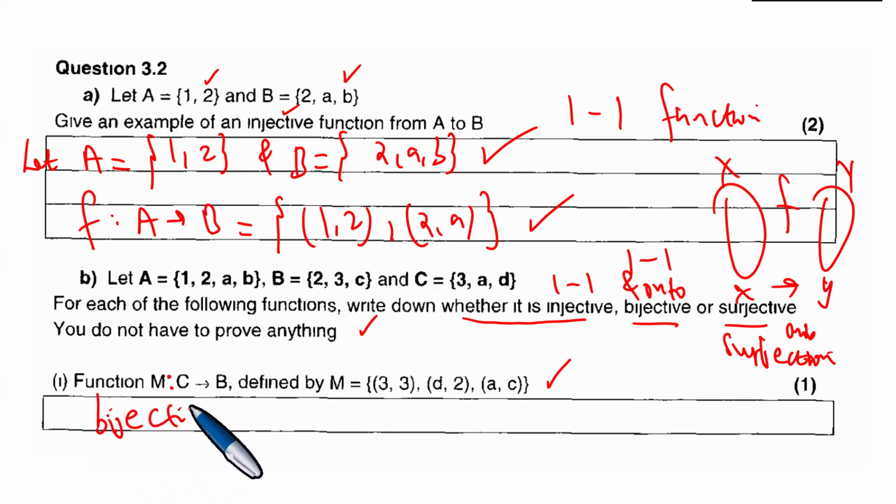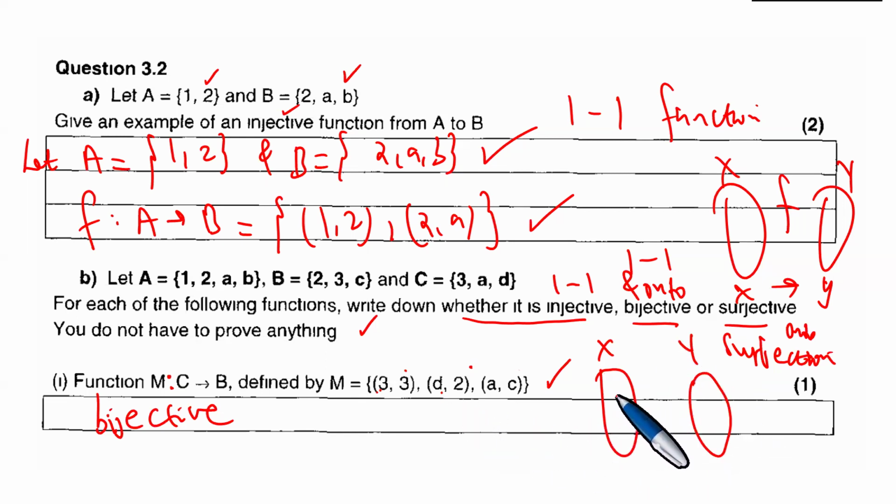One thing we can see with these particular sets is different elements, like 3, D, and A. So the domain elements are all different, and so the images are also different. In other words, we have the set M, with 2, 3, C.